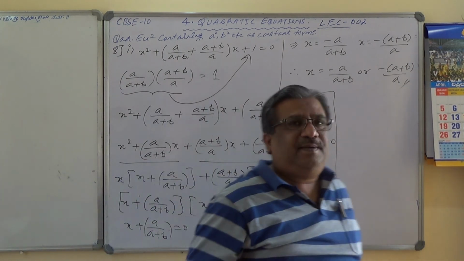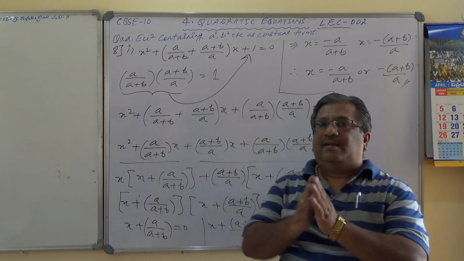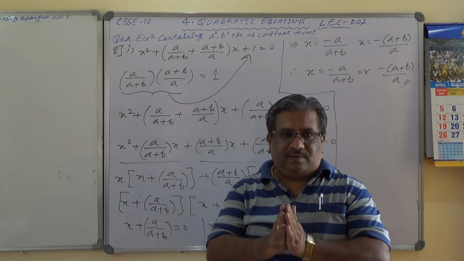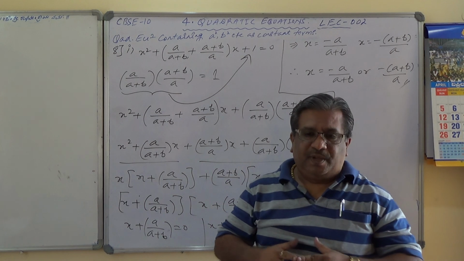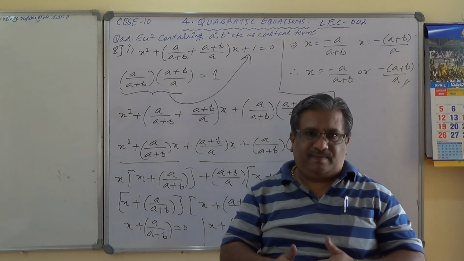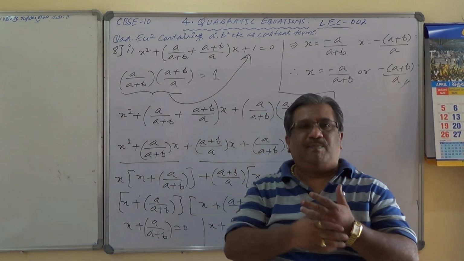See students, you have to practice these numericals a lot. There are three kinds of numericals I solved in the first part, that is by factorization. Solving quadratic equations by factorization is the first method. Under that one, case number 1, I took simple numericals.